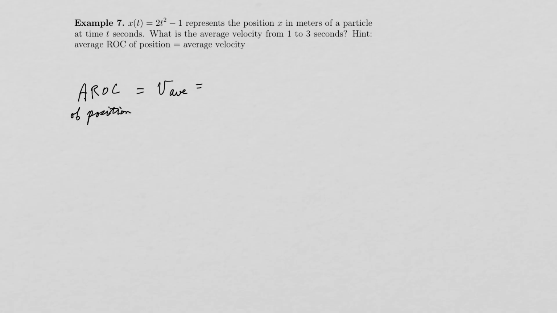And what is that equal to? Well, it's going to be the change in the output, change in x, over the change in the input, right? Change in time. So I could write this as x at t2 minus x at t1 divided by t2 minus t1.